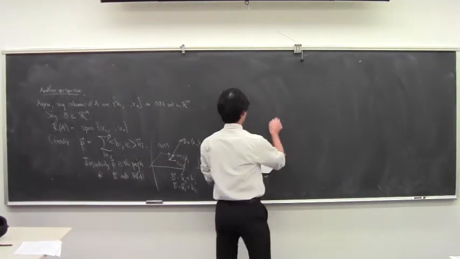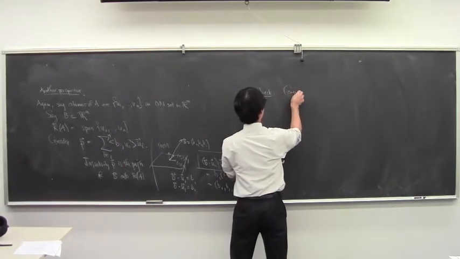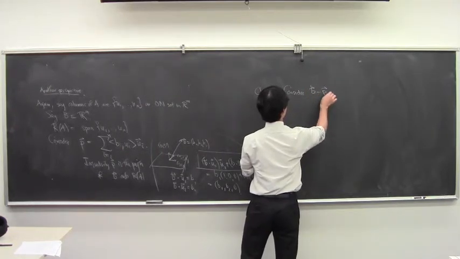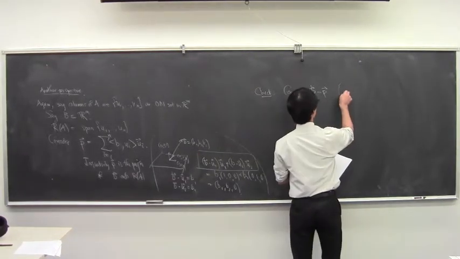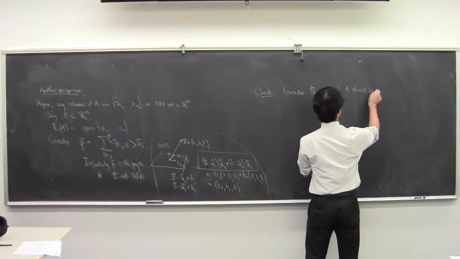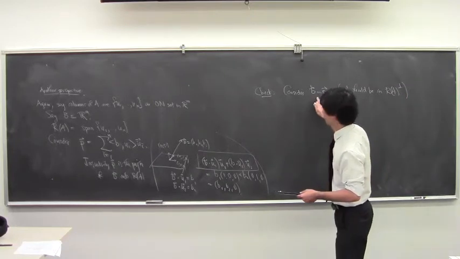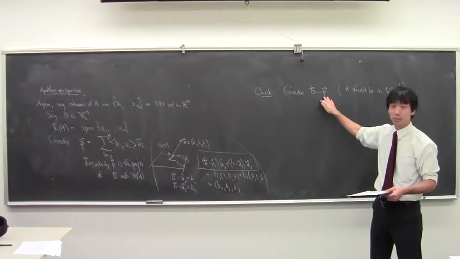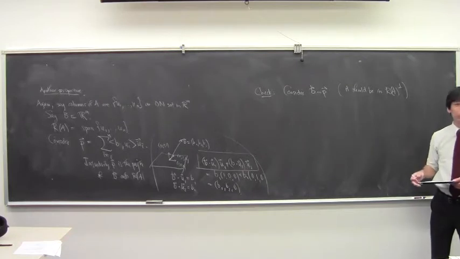Okay, so let's check it. Let's consider B minus P. It should be in RA perp. For P to be the projection onto RA, well then B minus P should be in RA perp.